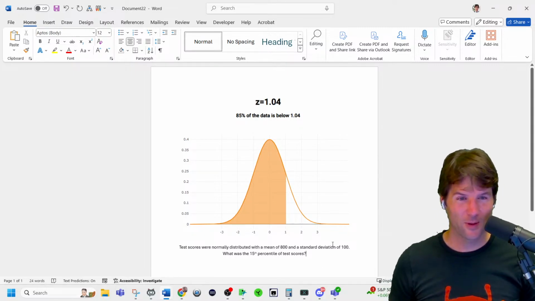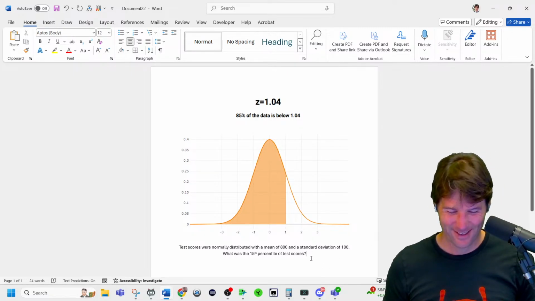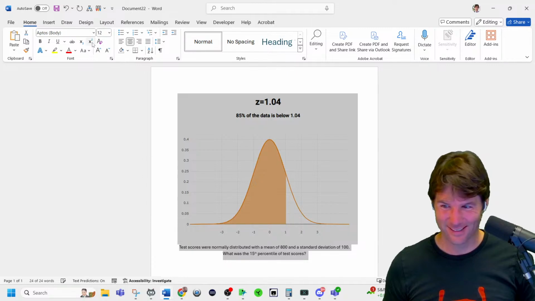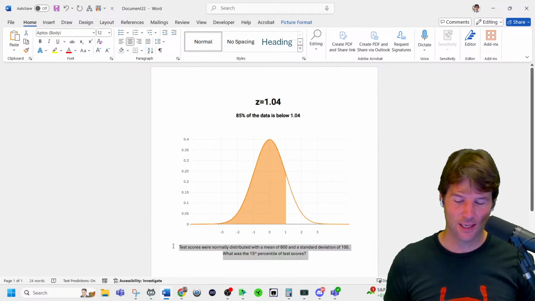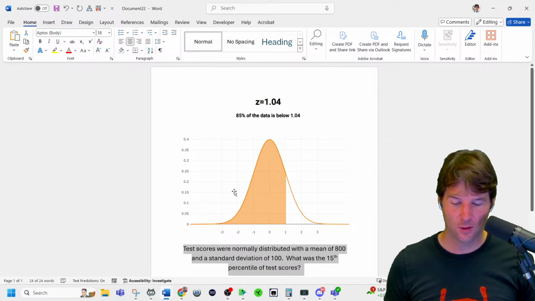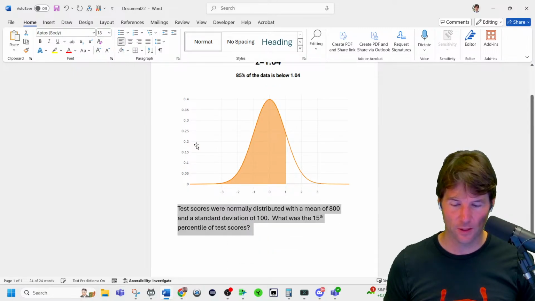Now, here's where I know all the IQ results, all those things, right? This is theory that we need to know. The 15th percentile has to be where, to the what?